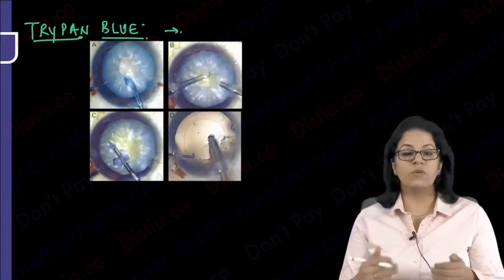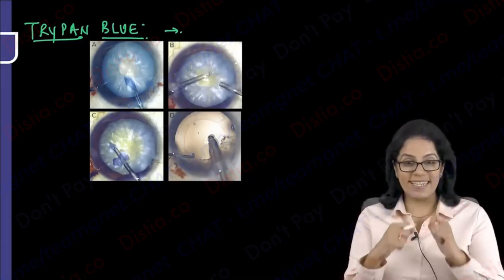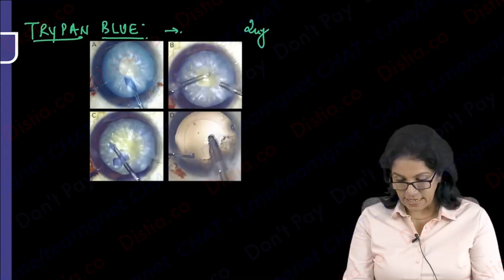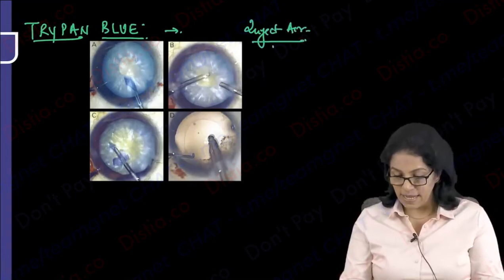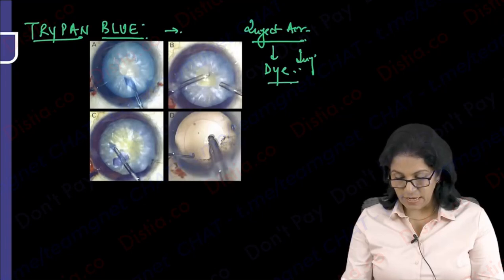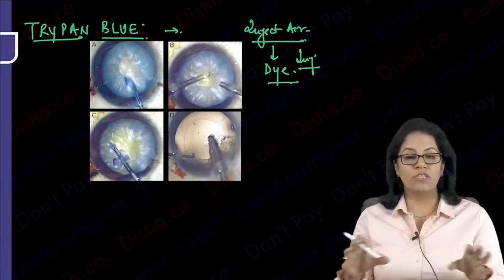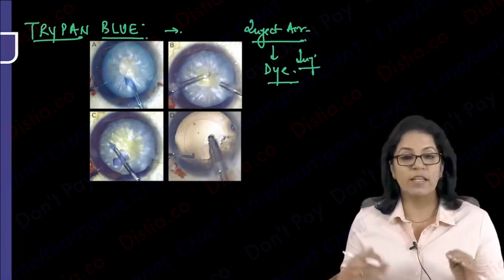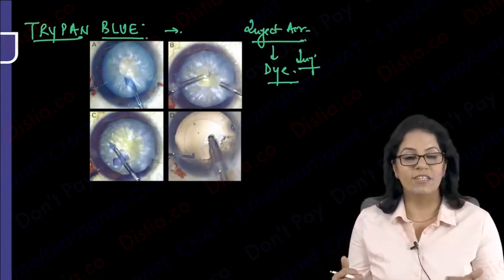Trypan blue, of course, you will not put directly. We first inject air. When you inject air, of course, it will rise up and therefore protect the corneal endothelium. Then inject the dye. Wait for some time and then wash everything away. Your capsule is stained, now proceed with your surgery and surgical steps.